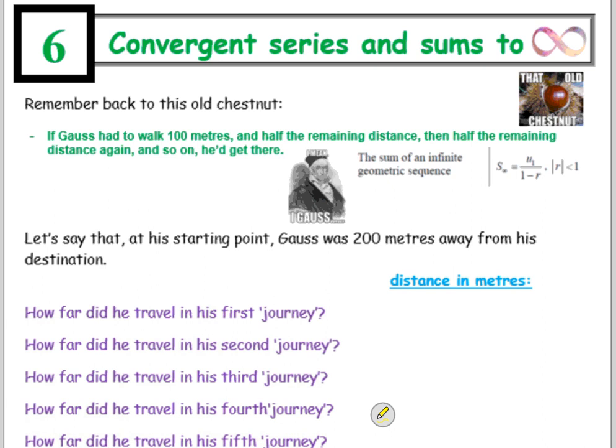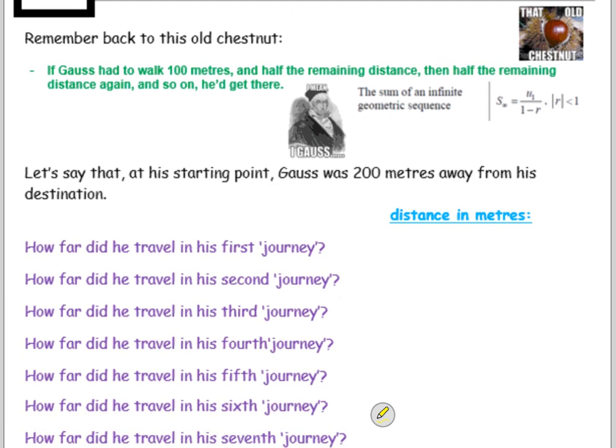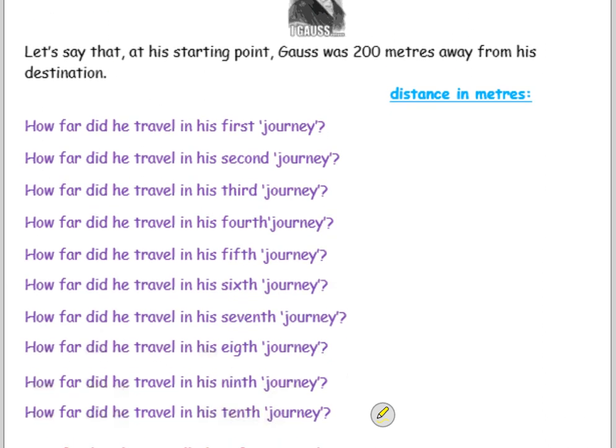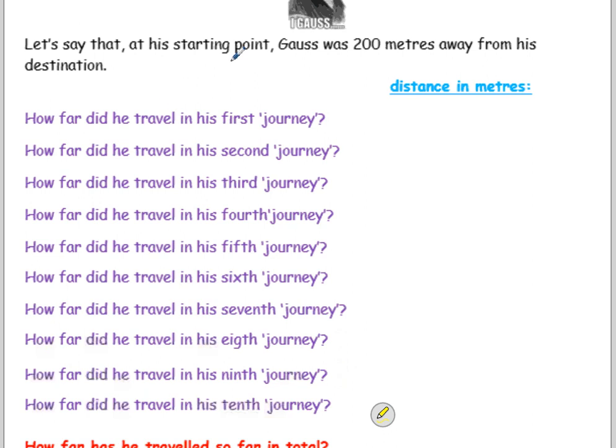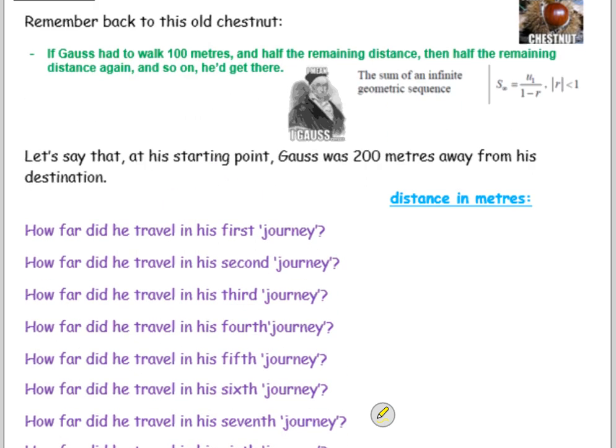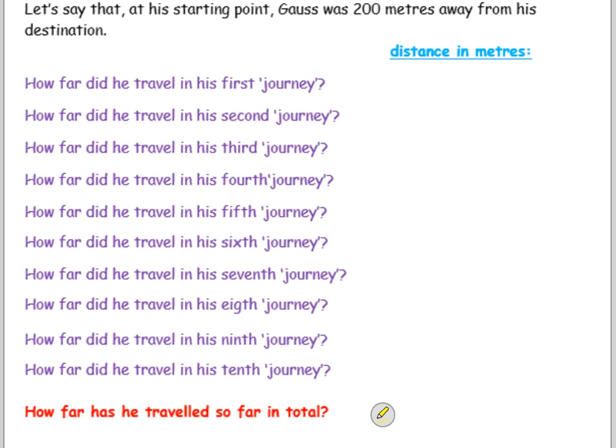To demonstrate that, imagine that to start with, Gauss was 200 meters away from his final destination. According to the joke above, how far did he travel in his first journey? 100 meters, so I've made it so that 100 meters was half the distance to begin with.